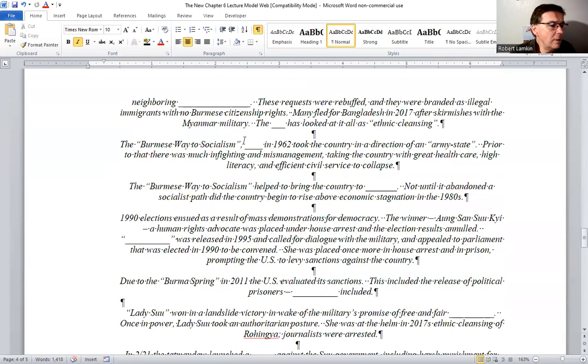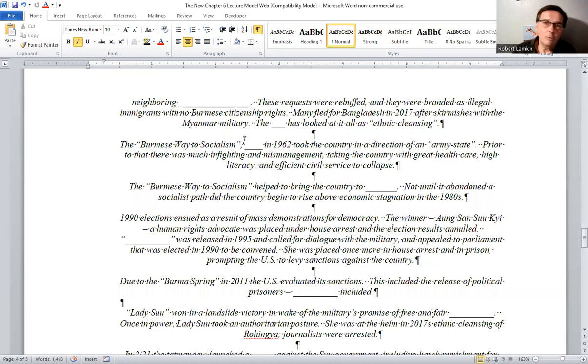Enter the Burmese way to socialism. There was a coup in 1962 that took the country in the direction of an army state, right? And prior to that, there was much infighting and mismanagement. This is a sad thing about some of these places.